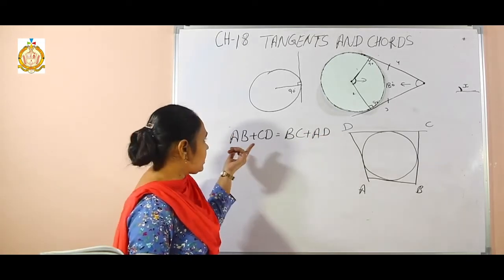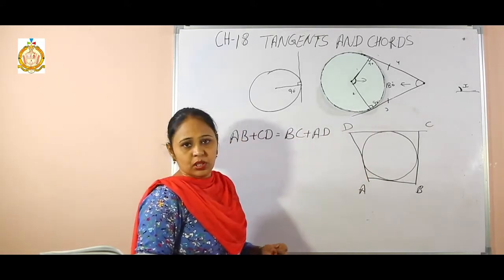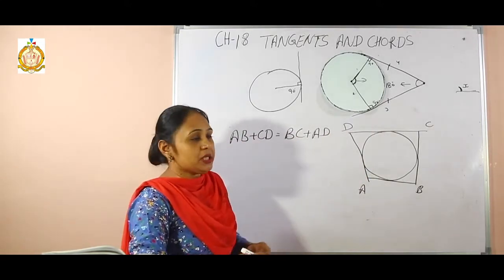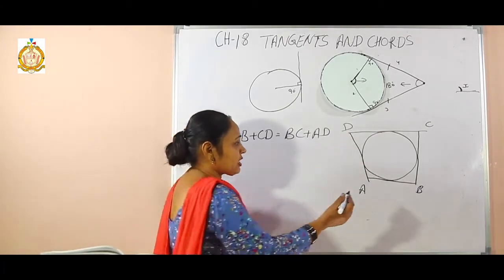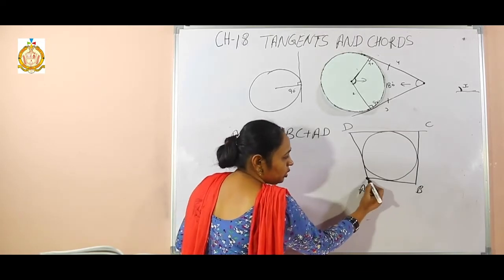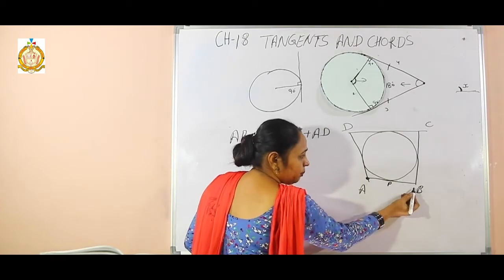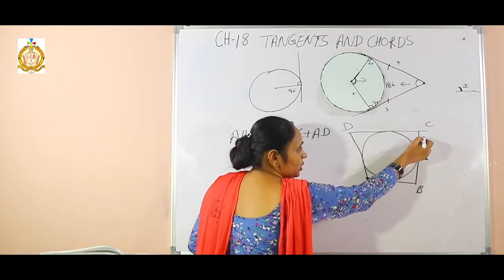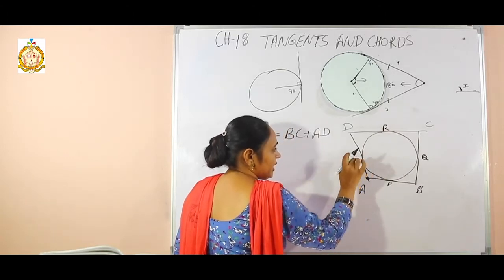Now how to prove it? AB plus this DC will be equal to... Now we will again use the property that tangents from a common point are equal. If I start from here, point A, at point P, from B point Q, then from C point R, then there will be point S. I take it like this.